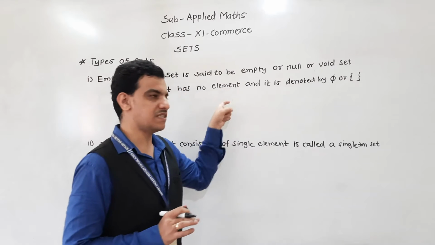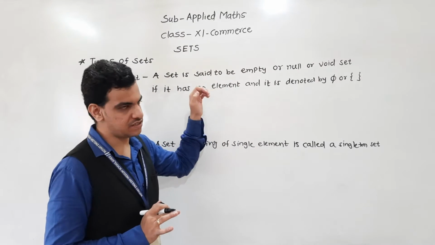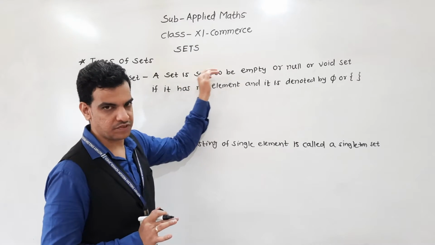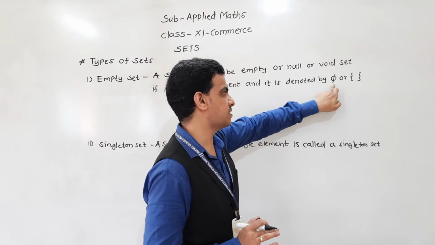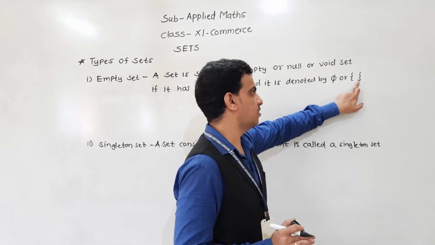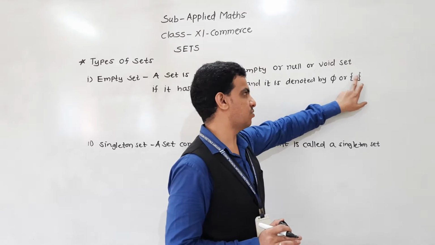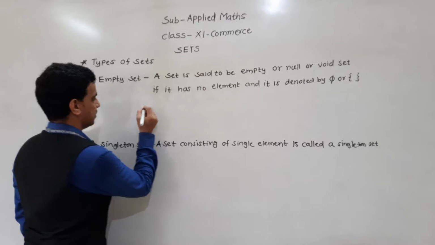In this set there is no element, therefore this set is called an empty set, null set or void set. We can write it in roster form as only these two curly brackets.